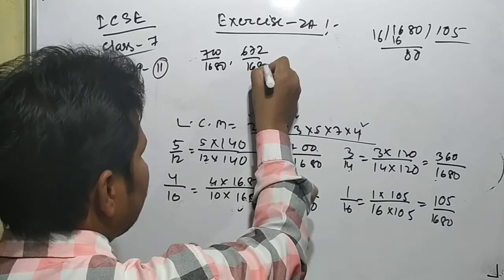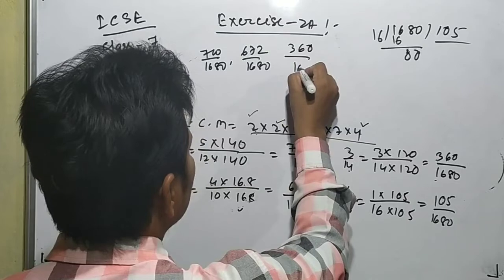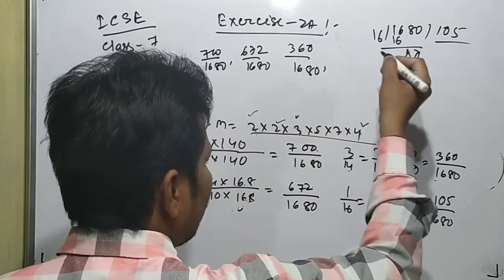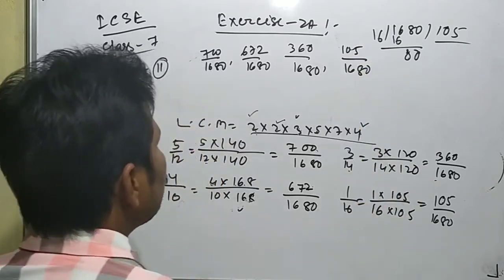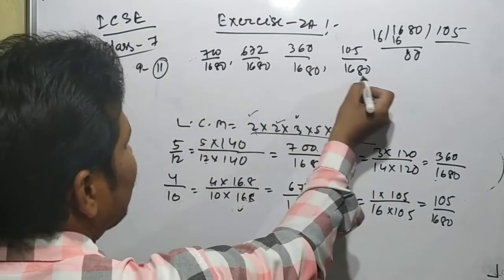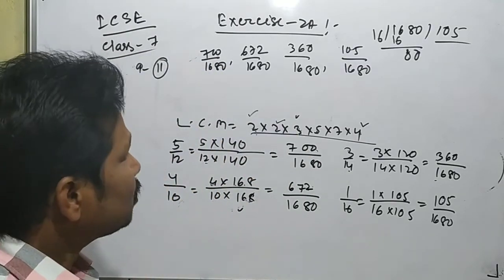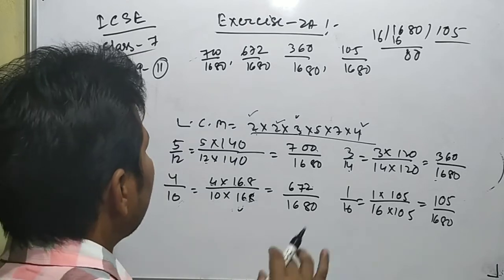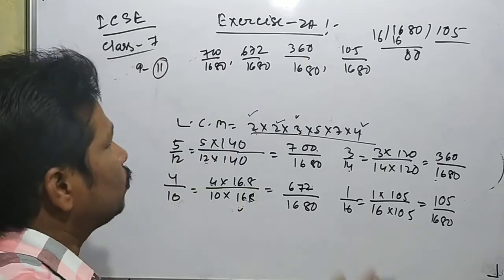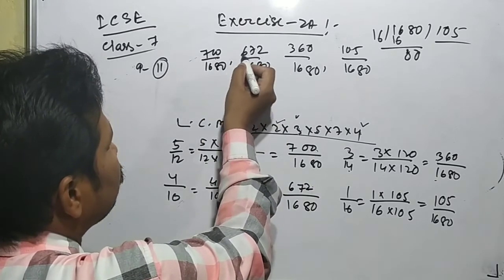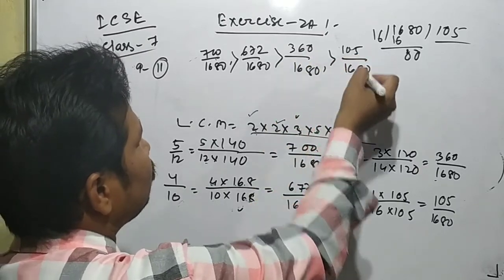Here you can see that the denominators are the same. So whose numerator is more, that fraction is also more. So 700 is greater than 672, which is greater than 360, which is greater than 105.